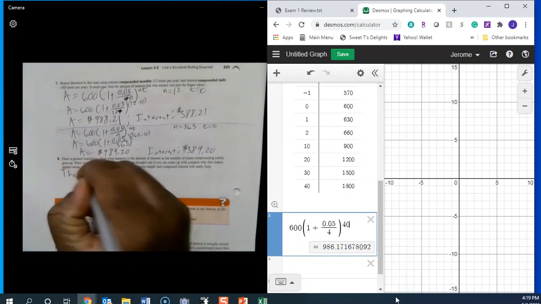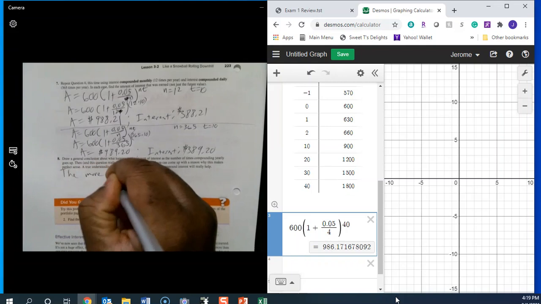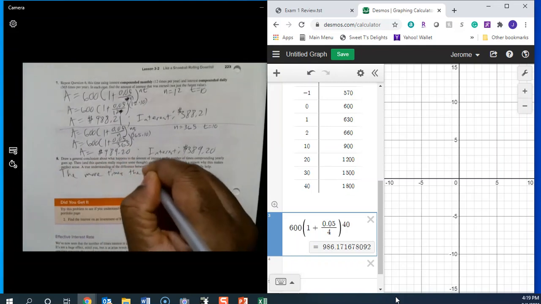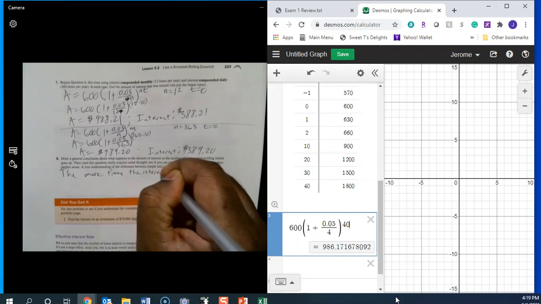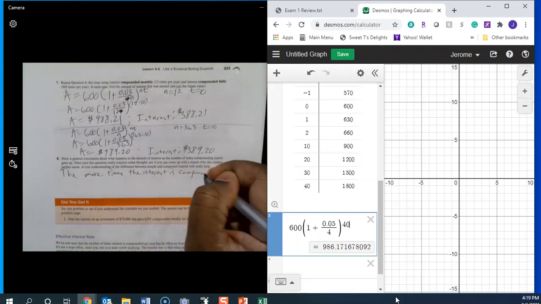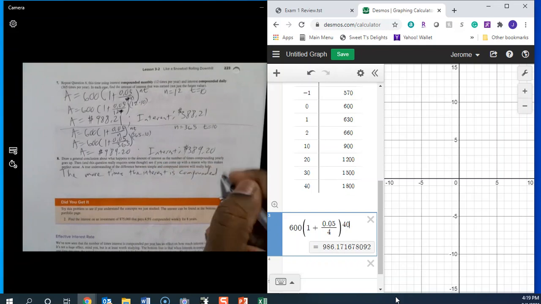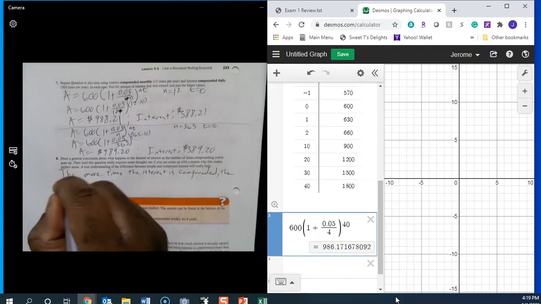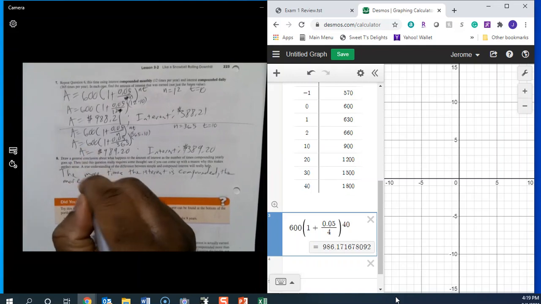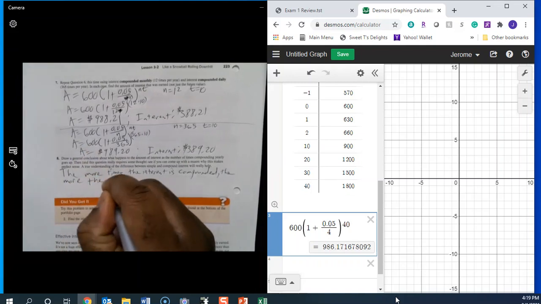Basically, the more times the interest is compounded, the more the future value.